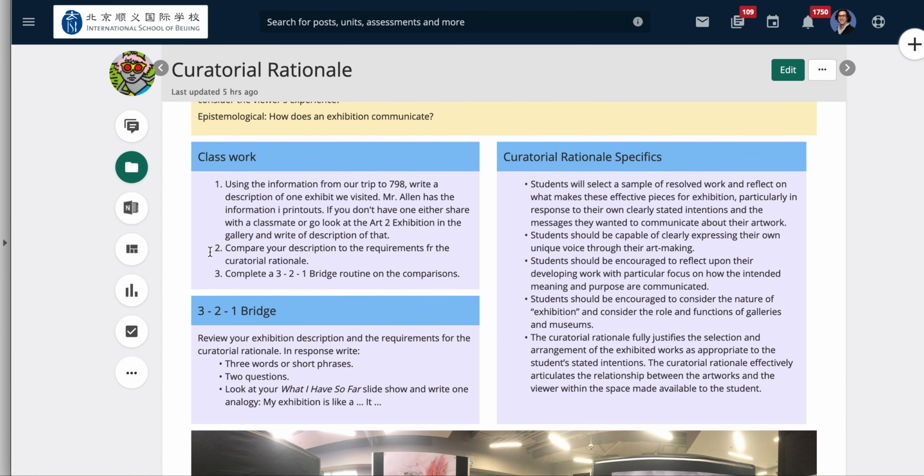Number 2, compare your description to the requirements for the curatorial rationale. Here are the requirements right here. You see it says curatorial rationale specifics. What you should do is look at your 300 to 400 word description of an exhibition and compare it to the points that are made about the curatorial rationale. Everything in this box comes directly from the IB.